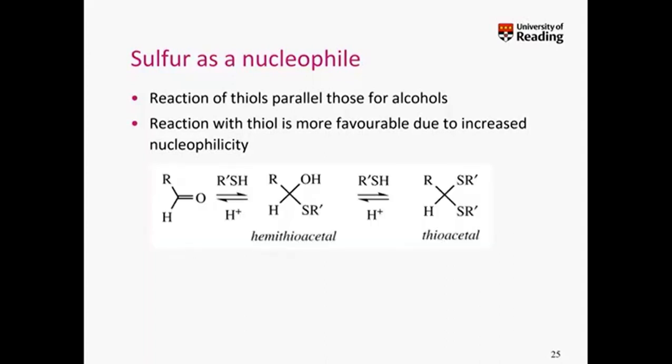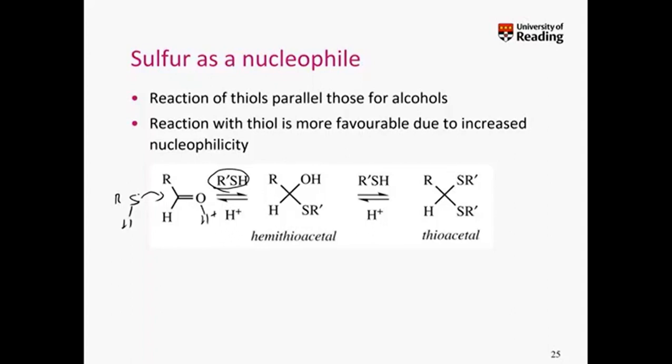So just to show you an example, if you take your simple aldehyde and instead of our OH we use our SH, that can do exactly the same reaction mechanism. The S has a lone pair of electrons. We would have protonated this already, but the sulfur can act in exactly the same way as the oxygen.